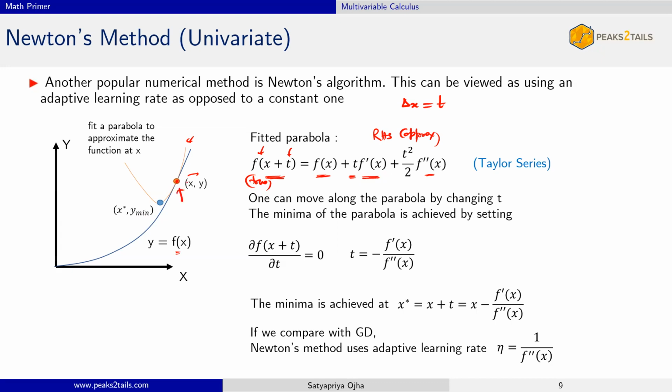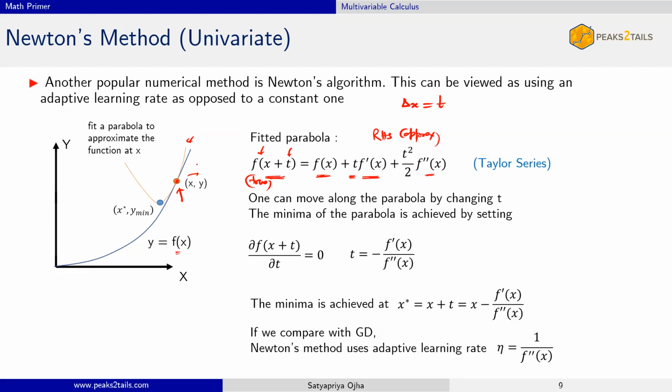You can see the orange point is where they match. But if you move away from that x by an amount t, then there is some difference. Obviously, the blue one is the true one, the orange one is the approximation. So there is some divergence. Okay. What this algorithm does is pretend that this curve is a parabola, the orange one.